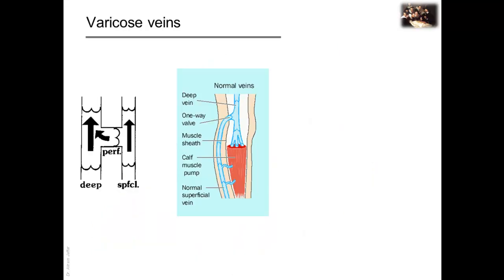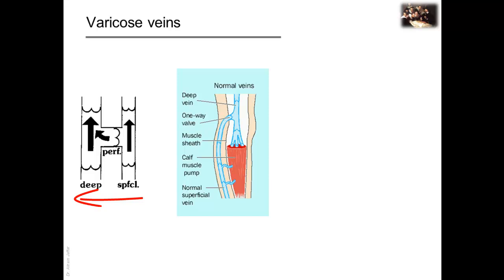The superficial and the deep veins also communicate with each other throughout their length by perforating veins, which penetrate the deep fascia from superficial to deep. These perforating veins contain valves that allow unidirectional flow of blood from the superficial to the deep veins. Now, when the muscles contract, their contraction will propel the blood in the deep veins toward the heart.